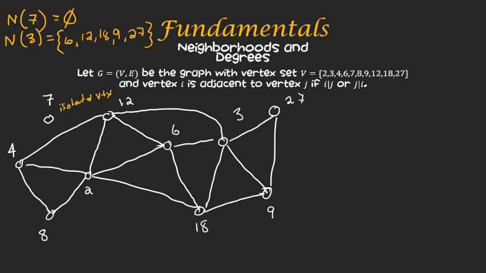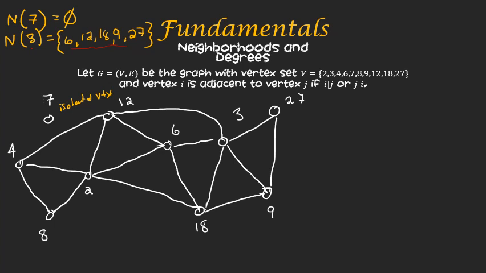And we'll want to know how many vertices are in a particular vertex's neighborhood. That's called the degree of the vertex. So the number of vertices in its neighborhood is the degree of that vertex. So for instance, 7 here, I said it's an isolated vertex.